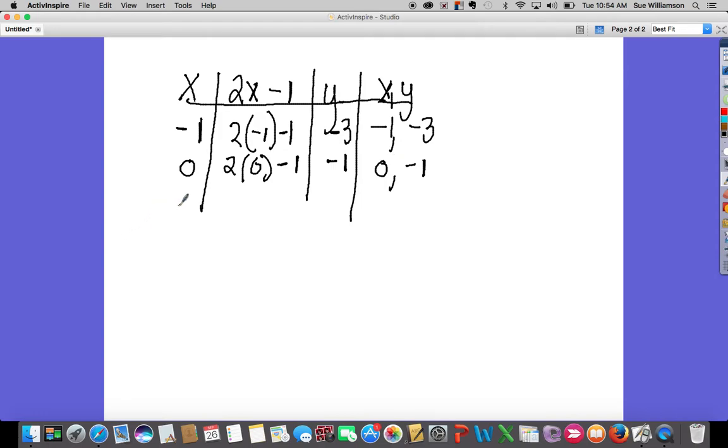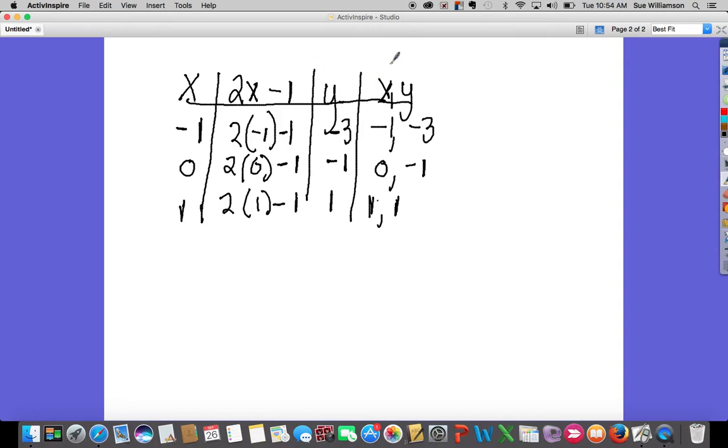Maybe I want to substitute 1 in for x, and if I do that, 2 times 1 minus 1. 2 times 1 is 2, and 2 minus 1 is 1. And my ordered pair would be 1 and 1. Okay. Input, rule, output, and my ordered pair.